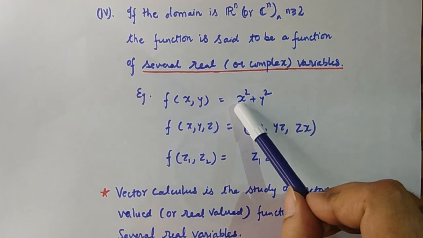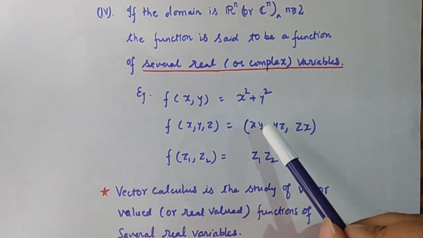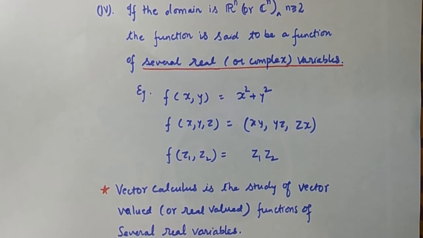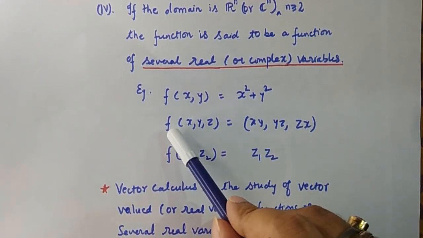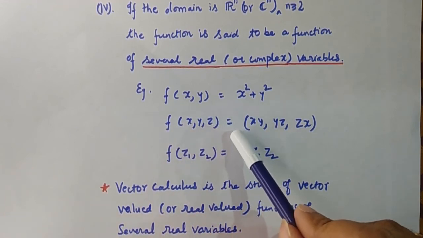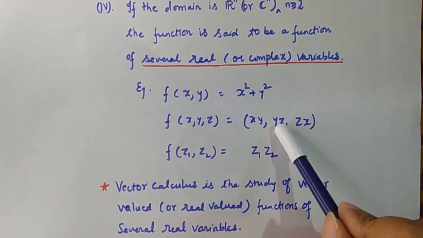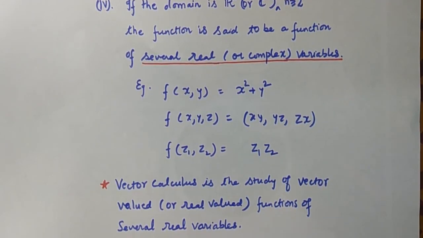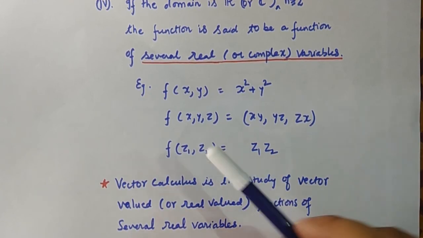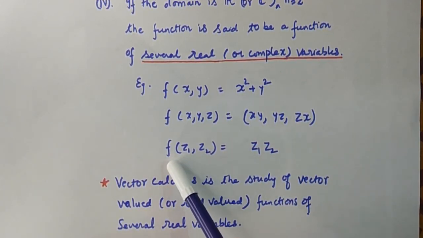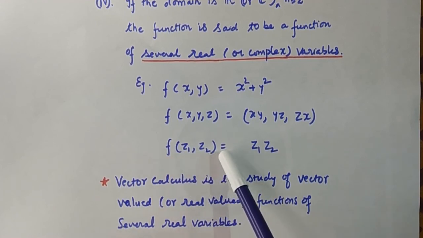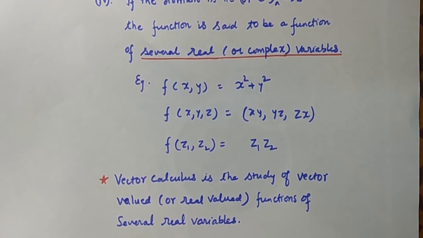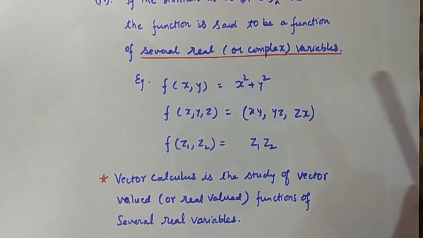Moreover, since the function takes values in the set of real numbers, it is also an example of a real valued function of several real variables. Similarly, f(x, y, z) equal to (xy, yz, zx) is an example of a vector valued function of several real variables. Finally, let us consider the function f(z1, z2) equal to z1 z2. This is an example of a complex valued function of several complex variables as per our definition.